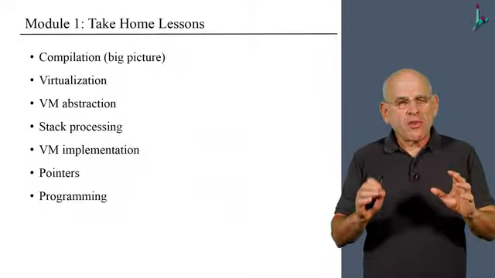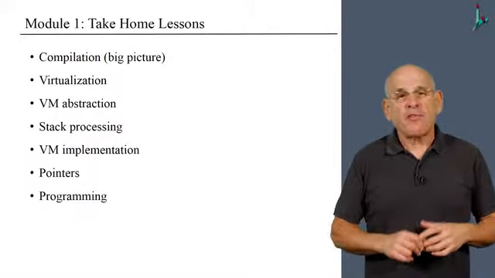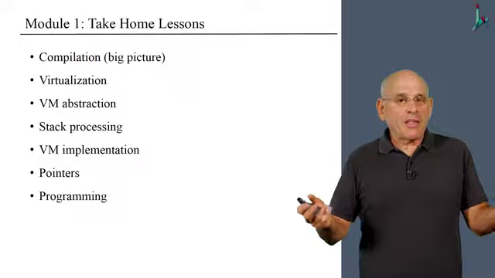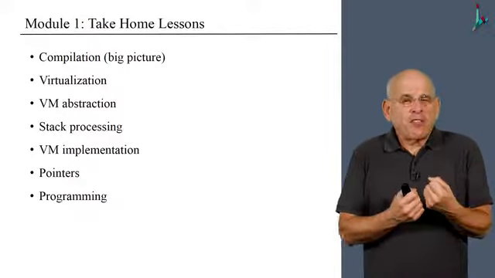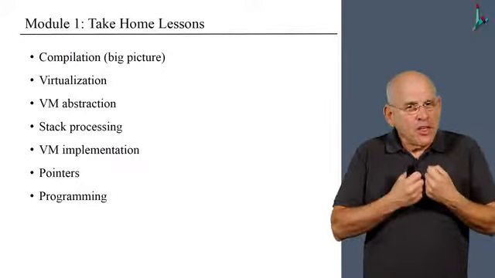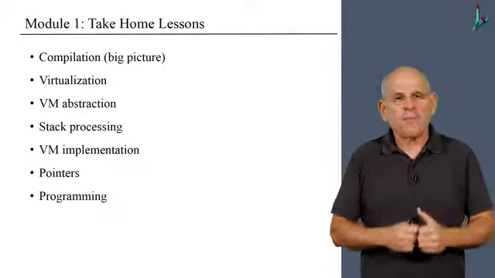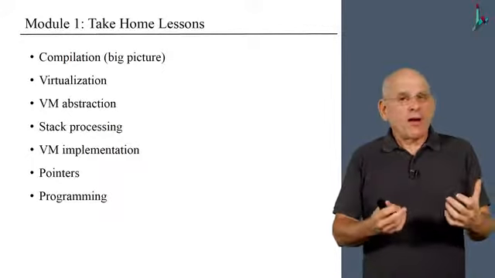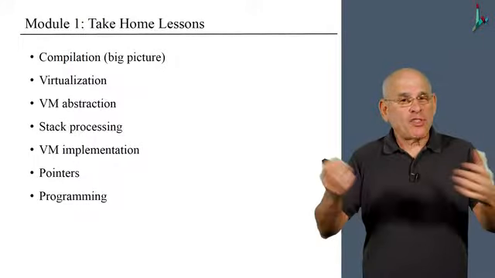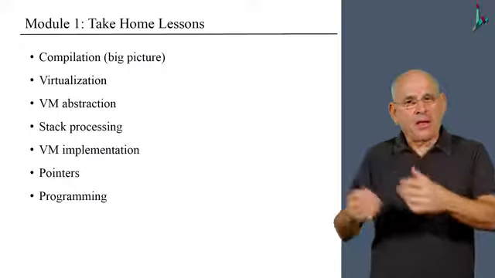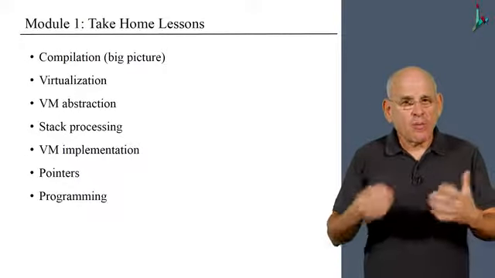This module is going to introduce lots of goodies. First of all, we're going to talk about compilation, as we have done already. We're going to understand virtualization in a very intuitive and deep way. We will talk a lot about the VM abstraction, and by doing this, you will understand how the JVM of Java works and how the virtual machine of C# works, and so on.